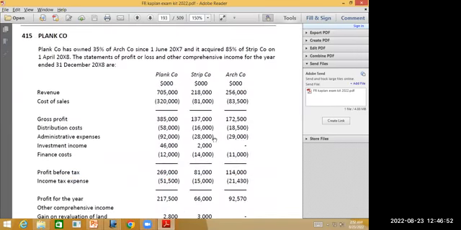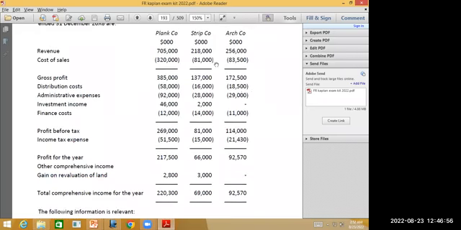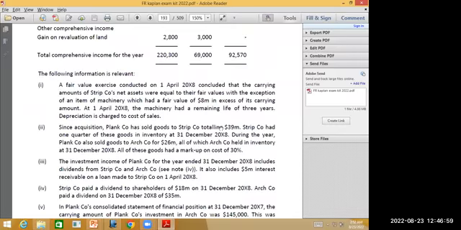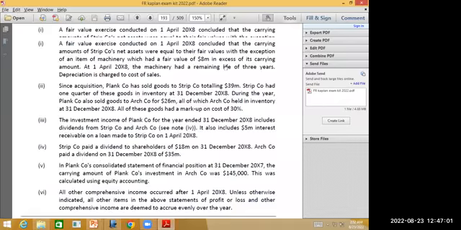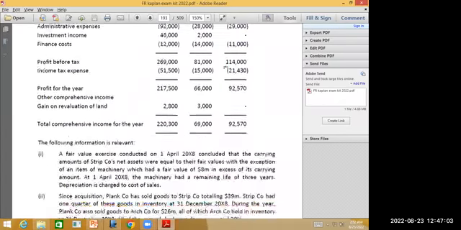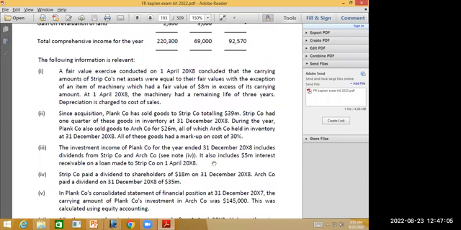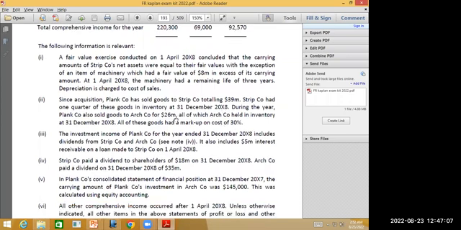Okay. The name of the question is Plank, where we have parent, subsidiary, and associate company. And the associate company has the name of Art. Now, please read this note number 2 and make the relevant accounting entries.